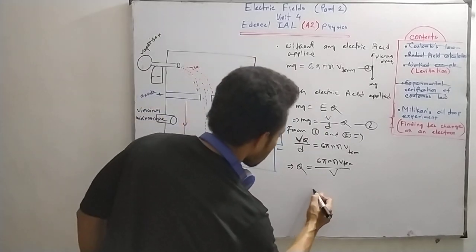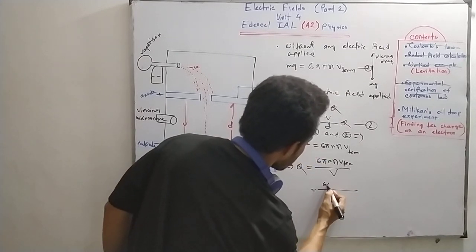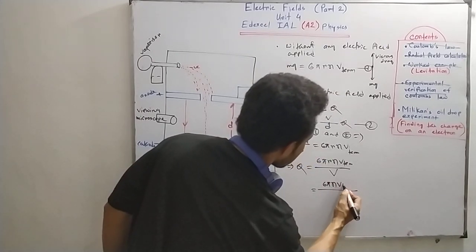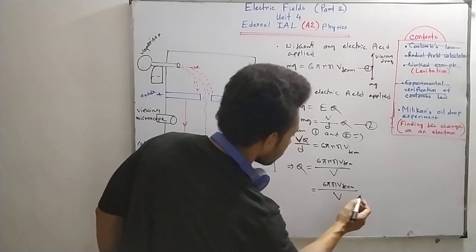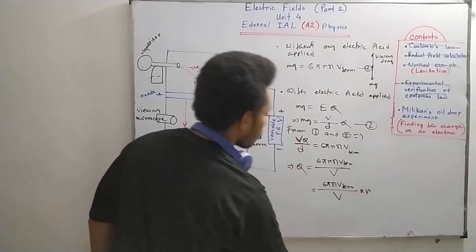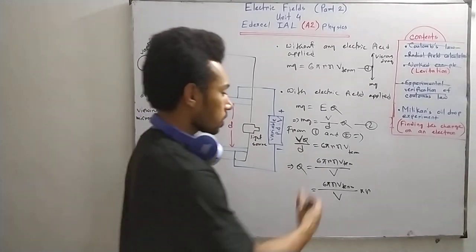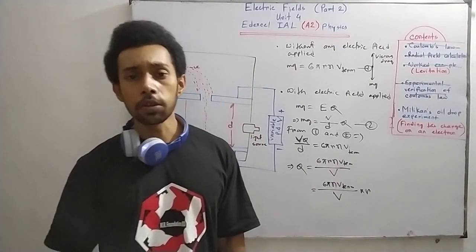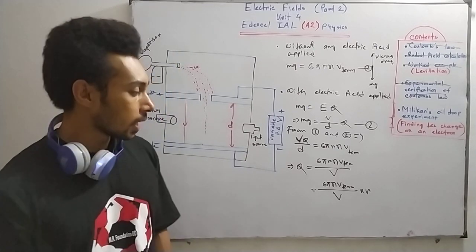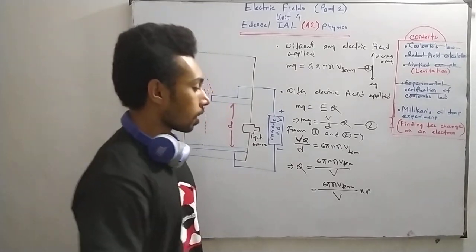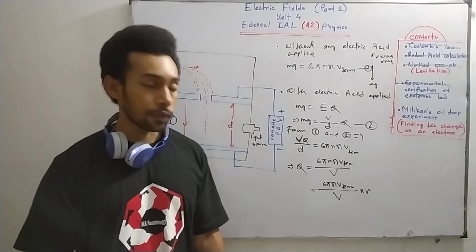Now 6 pi eta V term, potential difference V into r. Why is r separated? Because he couldn't find out r, so we have to do something to measure r or to find the value of r in a different way.